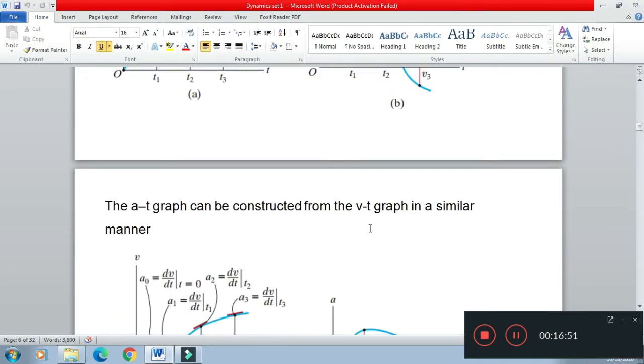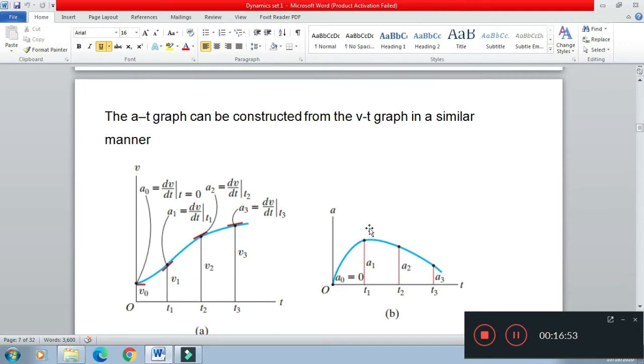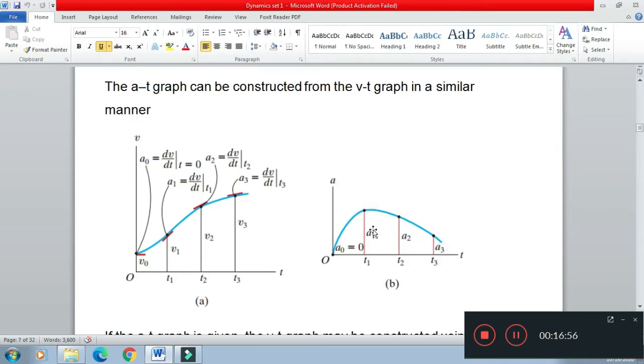In a similar manner, if the acceleration and time graph is given, we can construct the velocity and time graph. Since acceleration is equal to dv over dt, the slope of the velocity and time curve will give the value of acceleration.